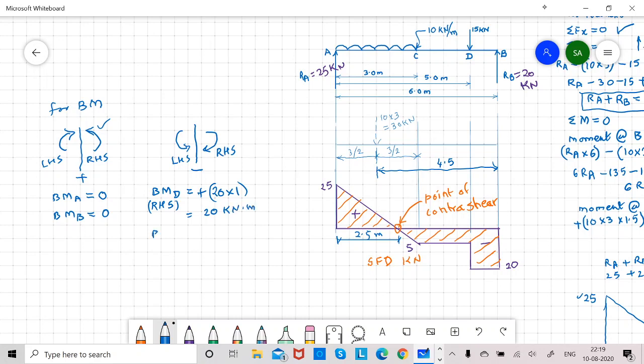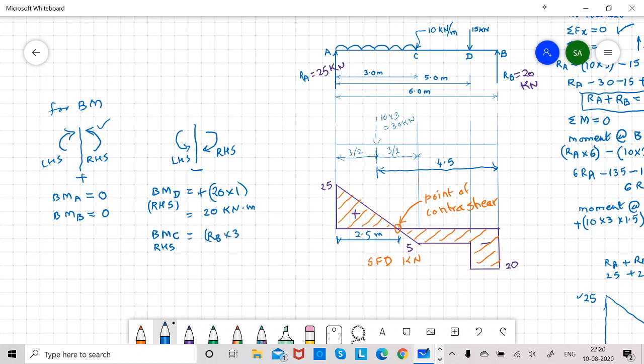Then consider bending moment at C. Again, right hand side. On the right hand side of C, there are two forces. Reaction at B, RB into 3.